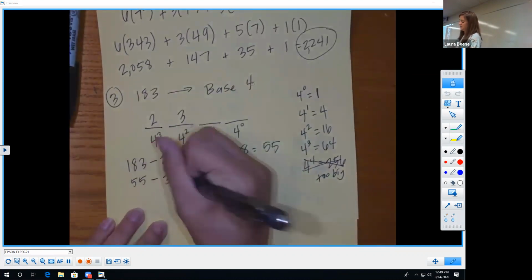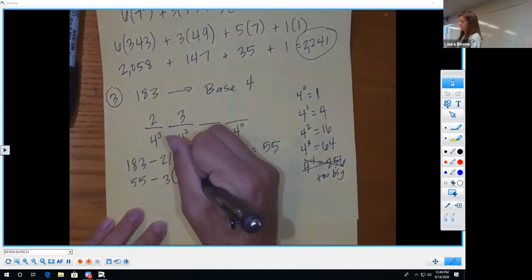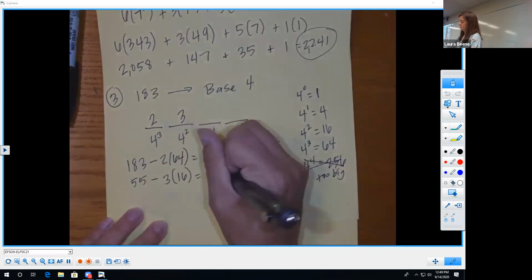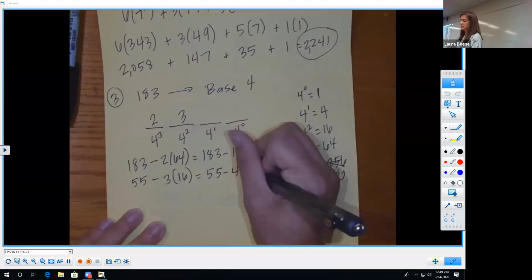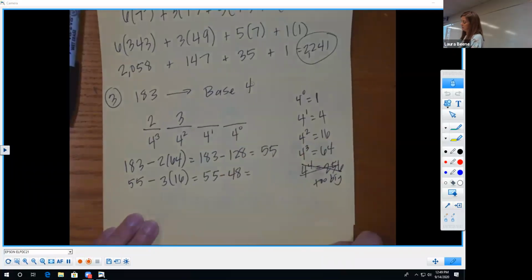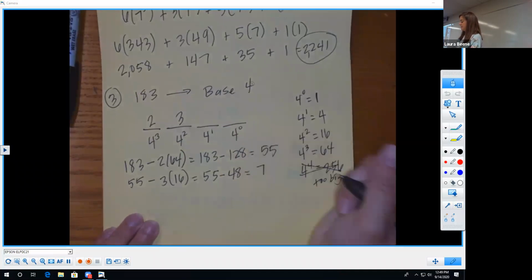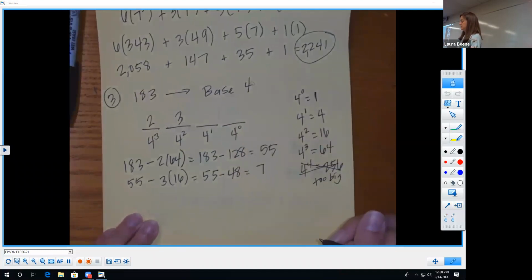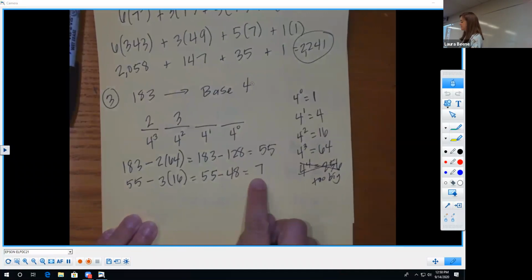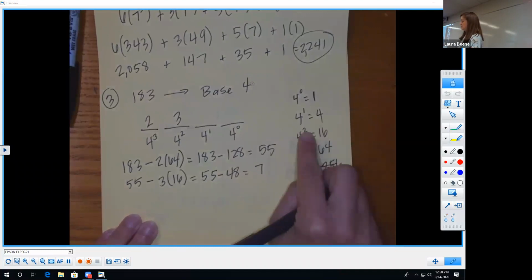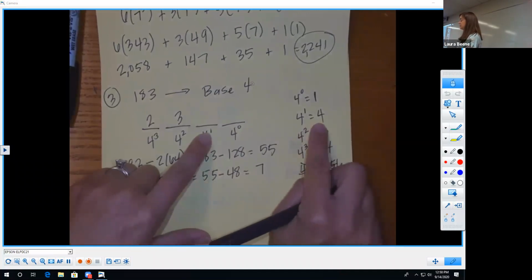So subtract off those flats that we make. 55 minus 48 is 7 pieces left. Now I'm working on, not units, longs.